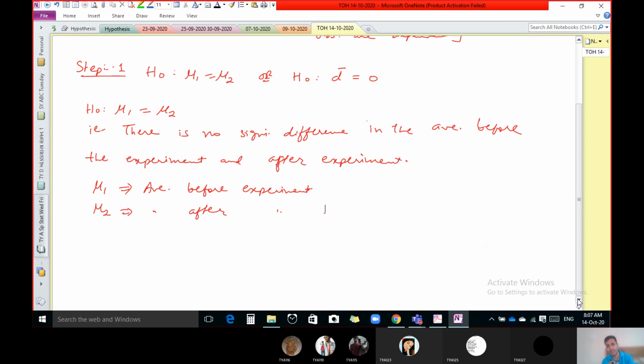Means if there are 10 students, roll number 1, 2, 3 up to 10, take the exam of each of these 10 regarding a particular subject, let us say statistics.